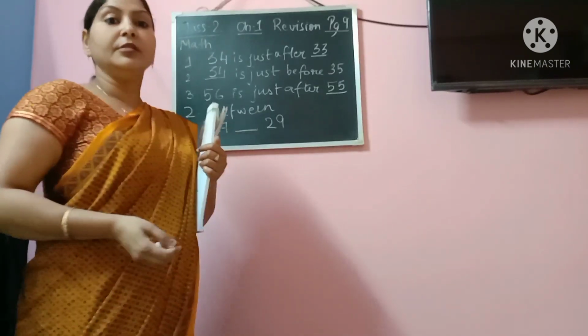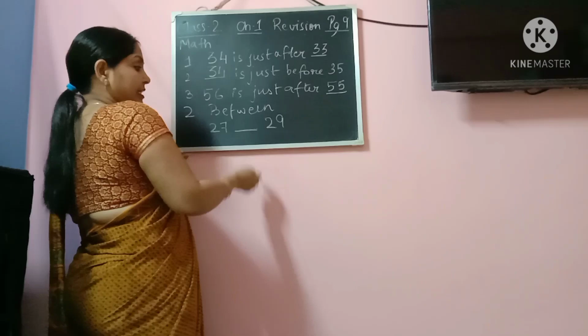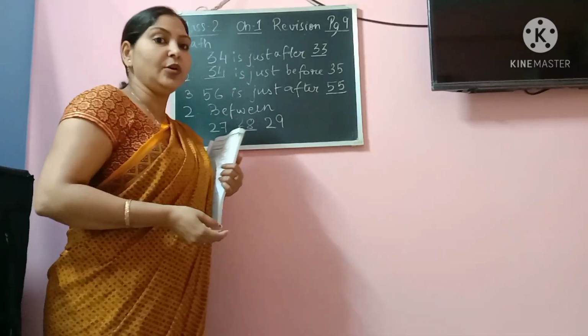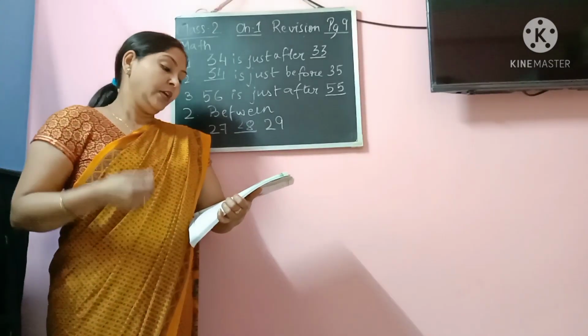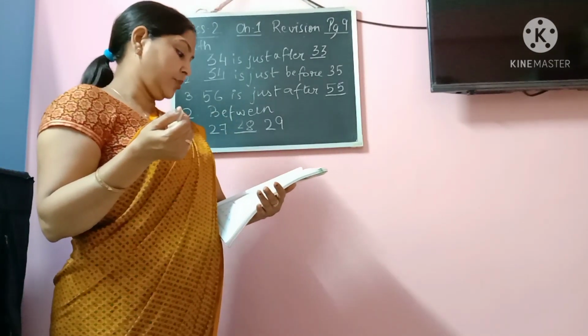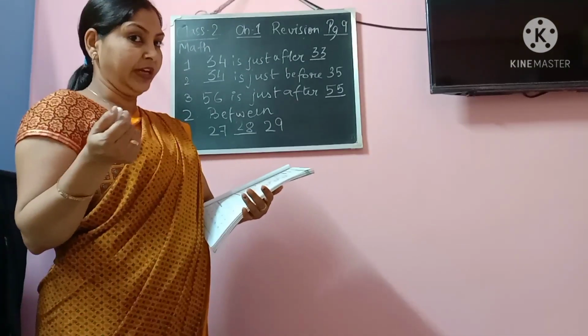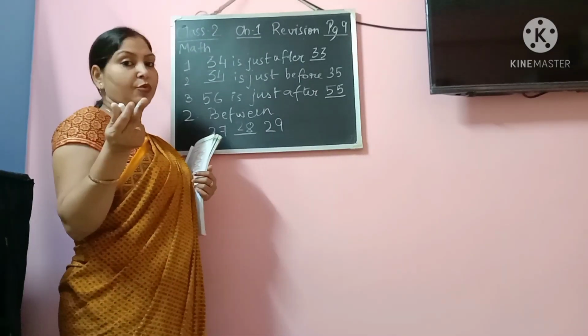Now count. After 27, what comes? 28. All these things you have already done in class 1. You are just brushing up, trying to revise. Then 51, 53. What comes after 51? 52. So between 51 and 53, 52 will come.